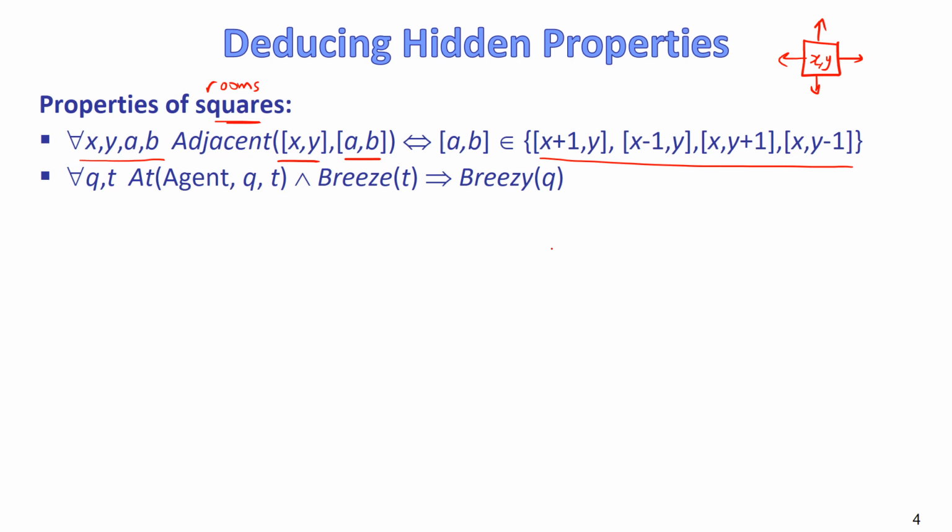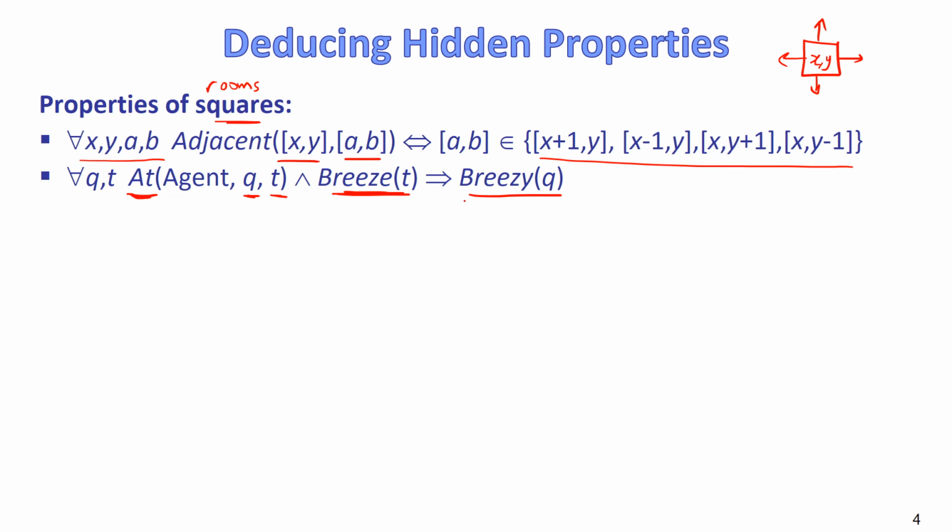Now, another property of squares is that if the agent is at room Q at time t, so that's what At means, and the agent sensed breeze at that time, then we can call the room breezy.